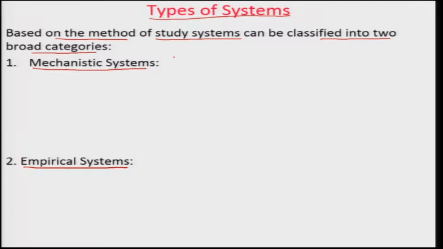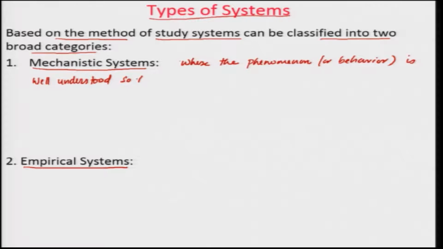Okay. So, what are mechanistic systems? They are systems where the phenomenon or behavior is well understood, so that mathematical models can describe the system behavior.